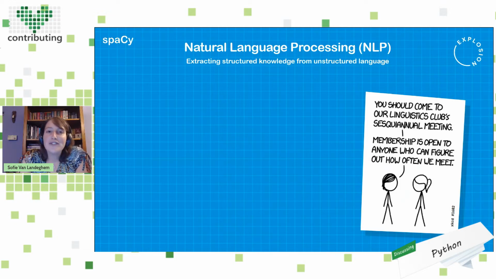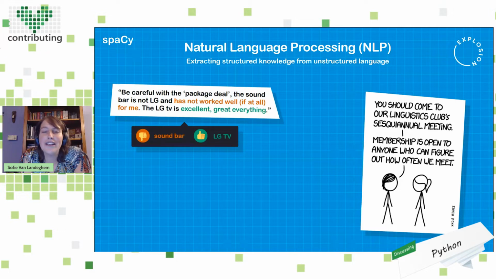There are plenty of use cases where you can use NLP in various business cases. I think one that we can all relate to is if you're buying something online and there are plenty of reviews there. For instance, in this example snippet, somebody says some things that are not so great about this product, and some things that are positive.